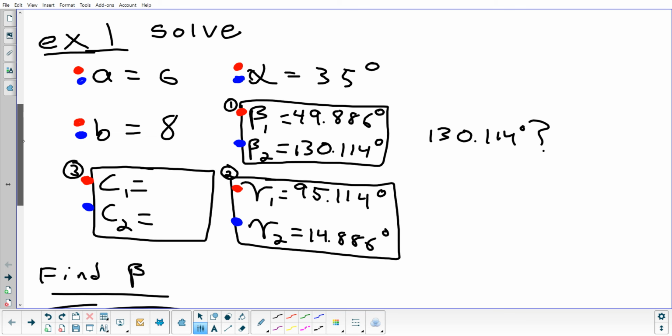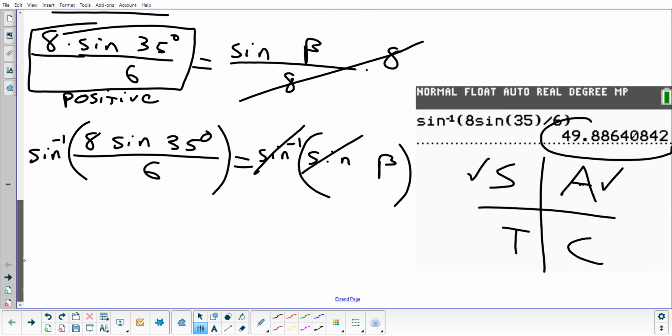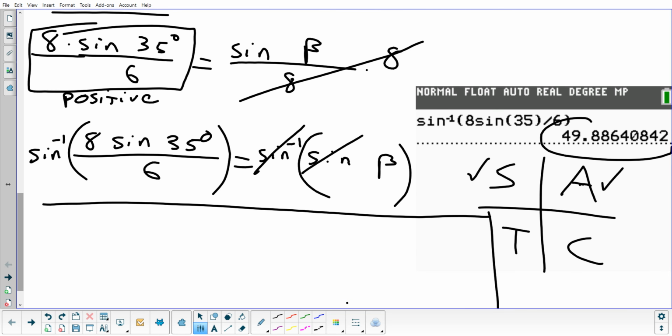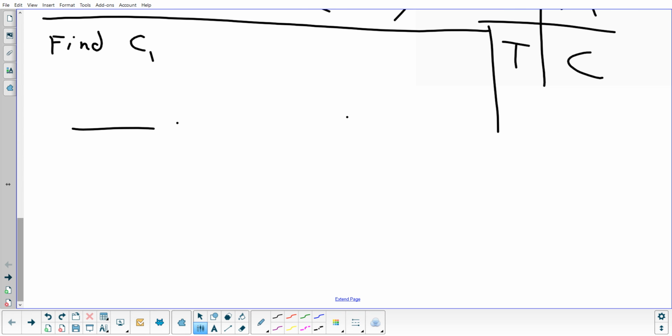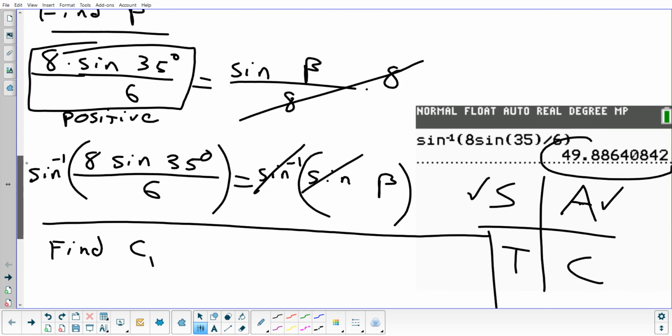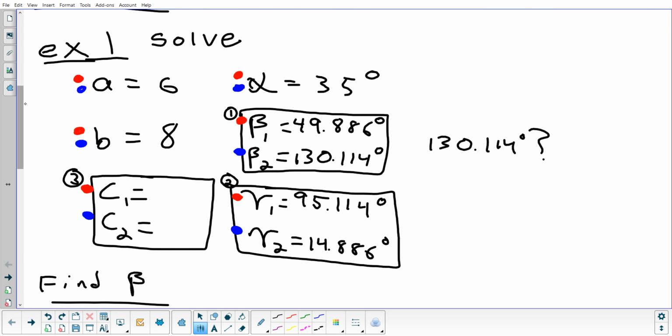So, to get C1, we're going to have to set up the law of sines again. So let's do that. C1 is part of the red problem. It's part of the problem that has the ones as a subscript.